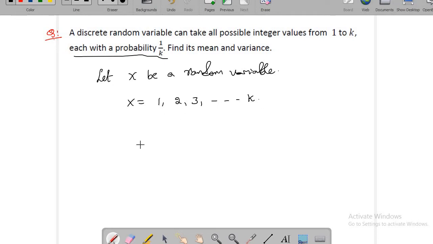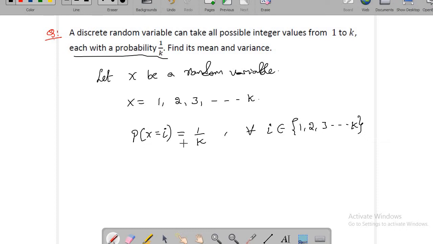So there are k quantities, so probability that x is equal to i is always equal to 1 by k, and this is true for every i which belongs to 1, 2, 3 and so on up to k. Means everyone has a weightage of 1 by k.